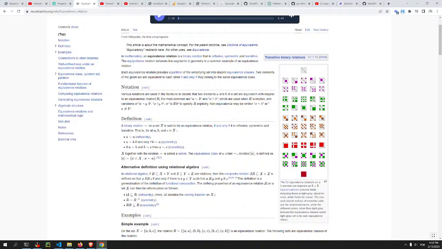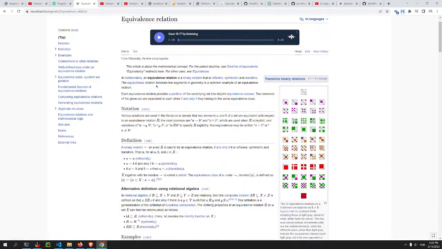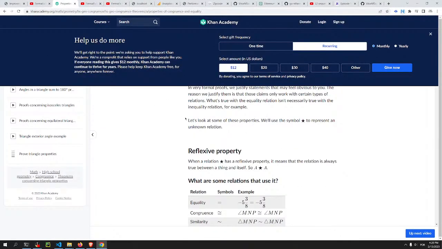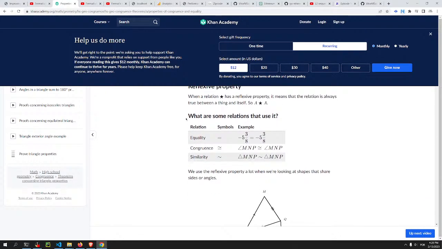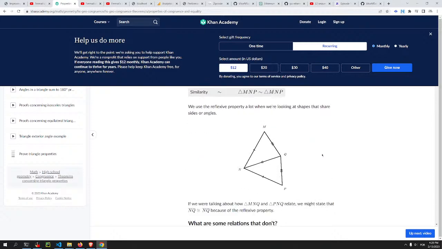The annoying little things. So it's just an approximation, I think. Congruent is roughly equal.